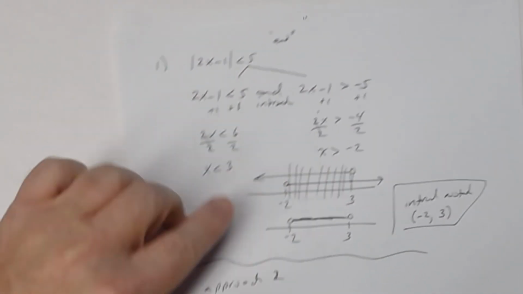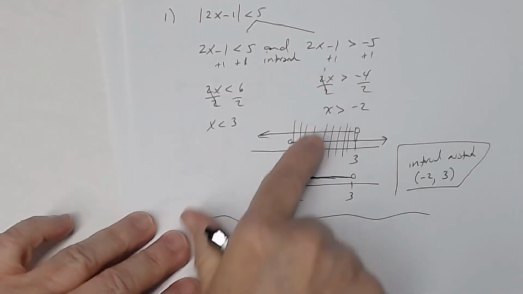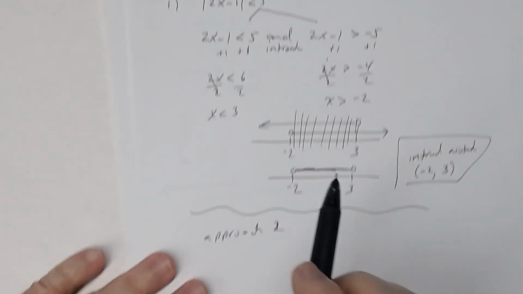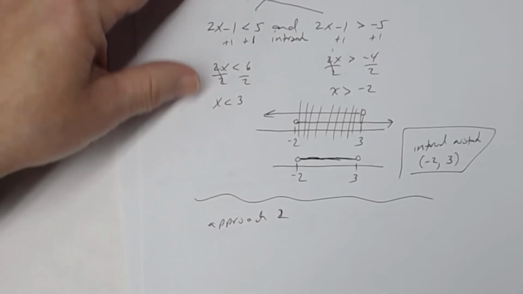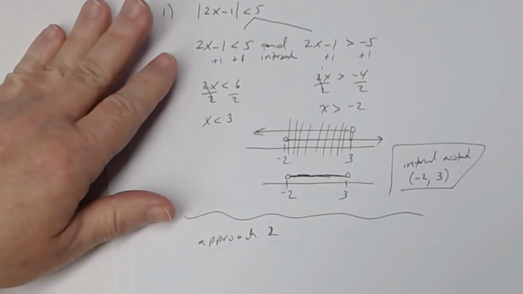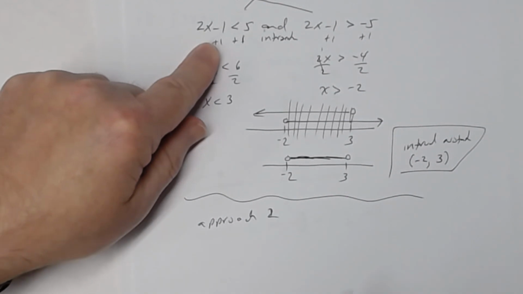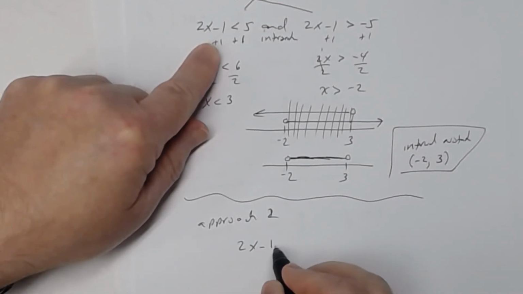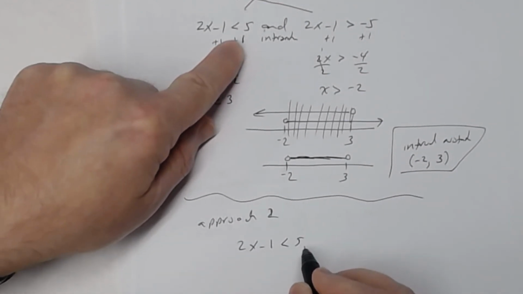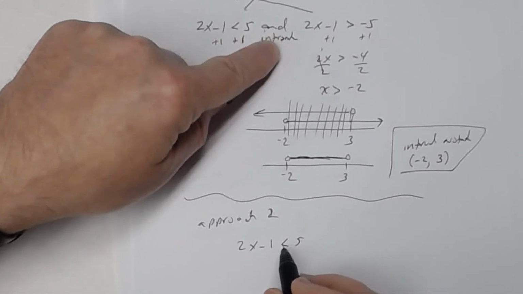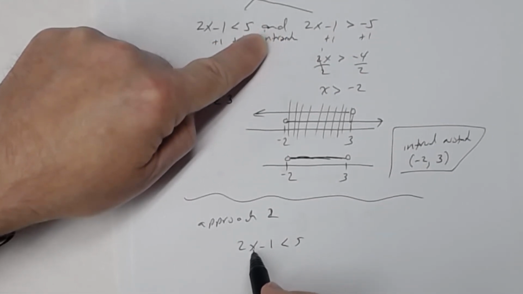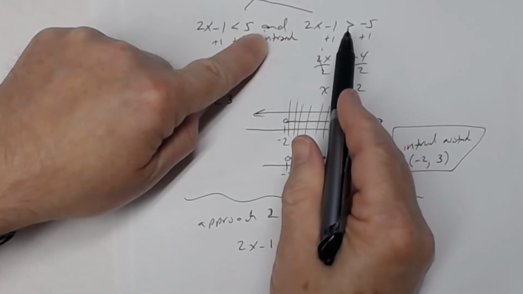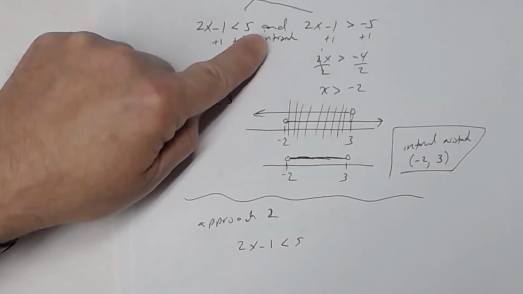But with an absolute value less than, you can do an AND statement like this, or you can write it like this. So look at what we have here. So 2x minus 1 is less than 5, right? And at the same time, this 2x minus 1 has to be what? It has to be greater than negative 5, correct?